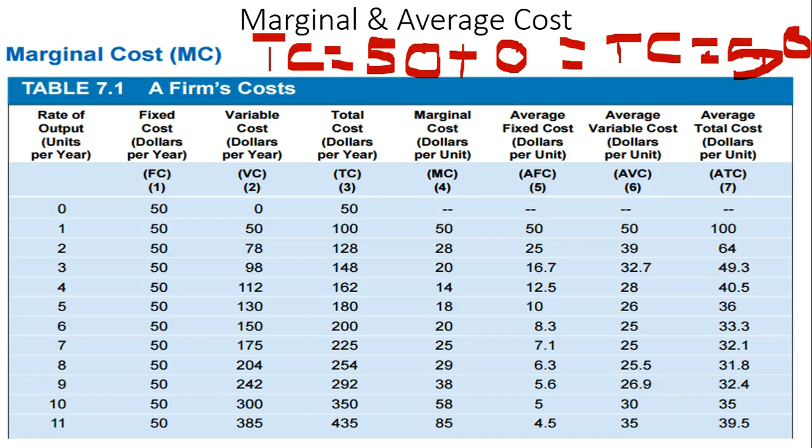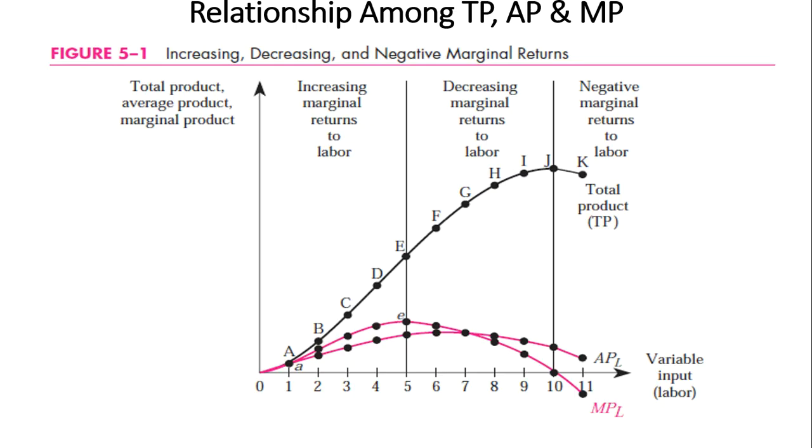And yesterday I said that the mirror image of average product and marginal product will be the average cost and the marginal cost. So remember the same type of analysis that we did here. Now the reverse is true for the cost side.